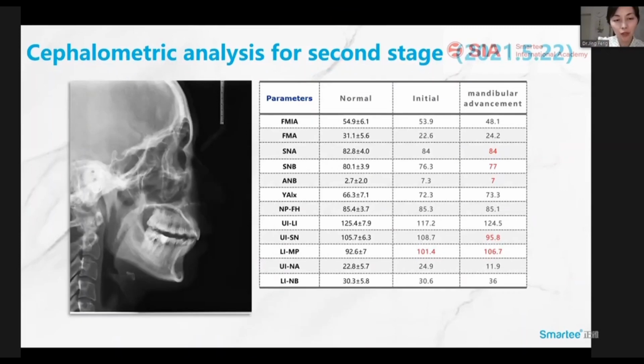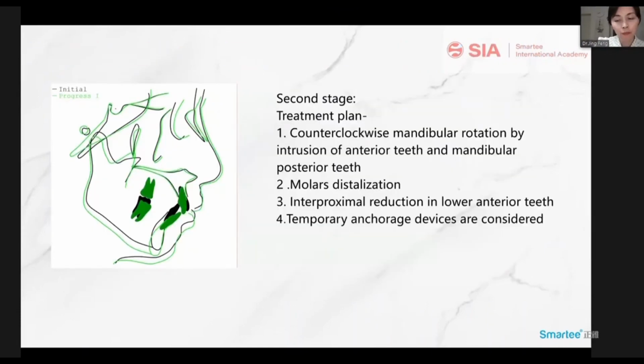For the second stage, the inclination of the incisors is under some control, and the superimposition showed we have to do more work to control the incisors in the future aligners.